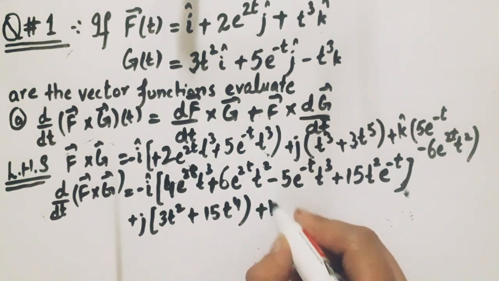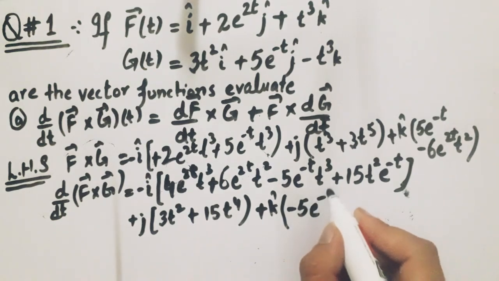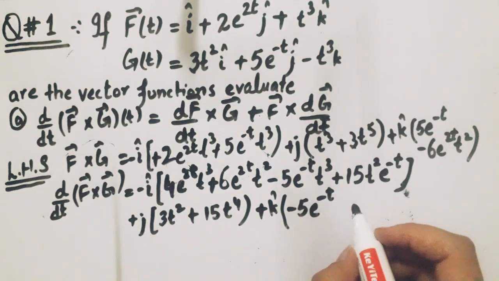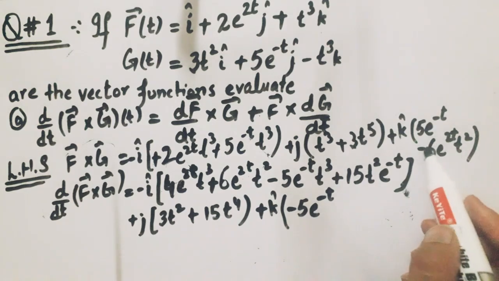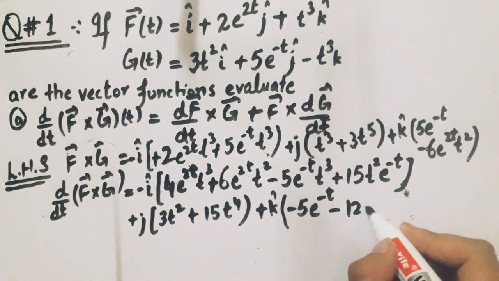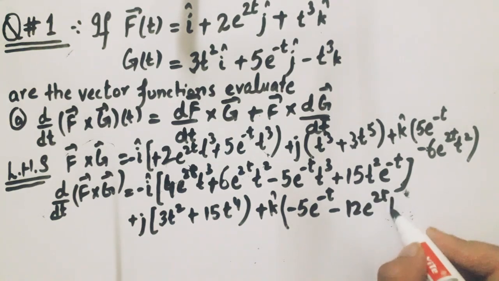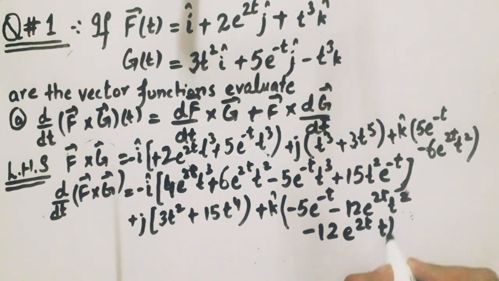Now for the k unit vector, it will become minus 5e^(-t), and next minus multiplied by this 2 will become minus 12e^(2t) t^2, and 2 multiplied by 6 is minus 12e^(2t) t. So this is the answer of the left-hand side.